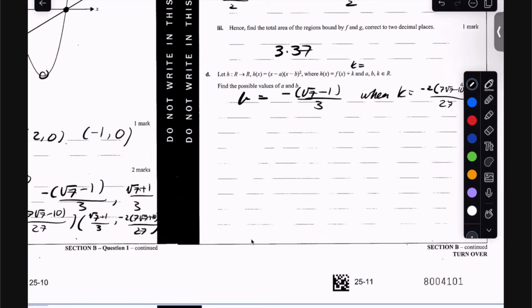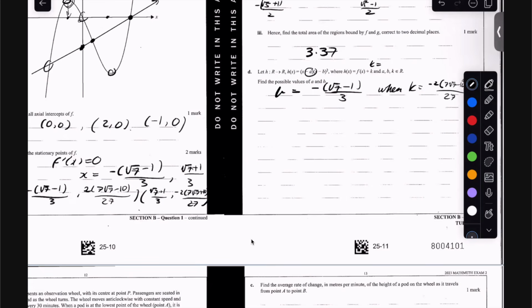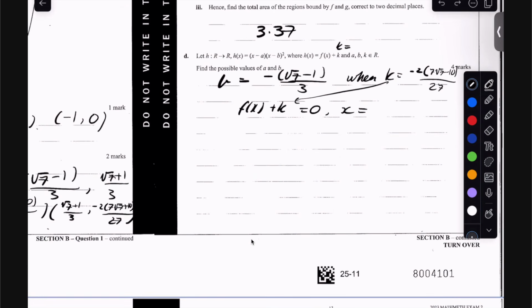And so that means f(x) is equal to f(x) minus that. We just need to solve for the other x-intercept, which would be a. So then f(x) plus that k is equal to 0. It's going to give us, of course, this value and another value, and that other value is a.